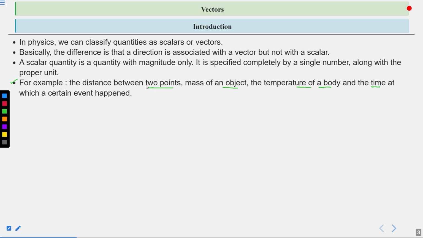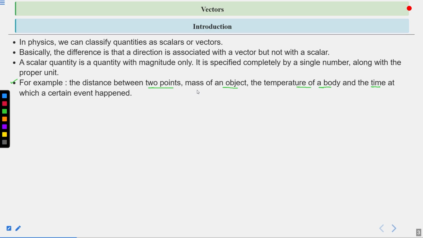Suppose at any given time, the position of an object changes with respect to time. In that case, we say speed.